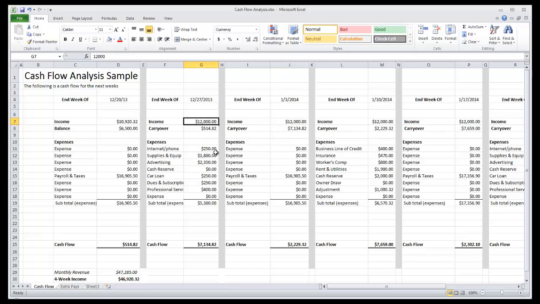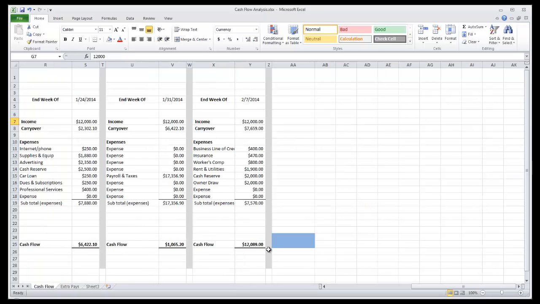So obviously when I raised my income just that one week, it raised all of these. But that could be our solution, right? If we figure out a way to sell another $1,000 a week, do a promotion, get some more cash flow in there, we can see that in the end, we ended up with a positive cash flow throughout, and we had enough to cover all of our bills.